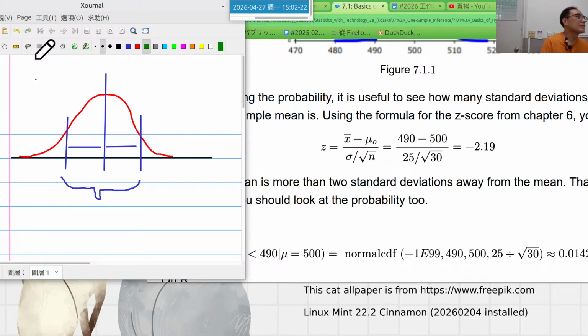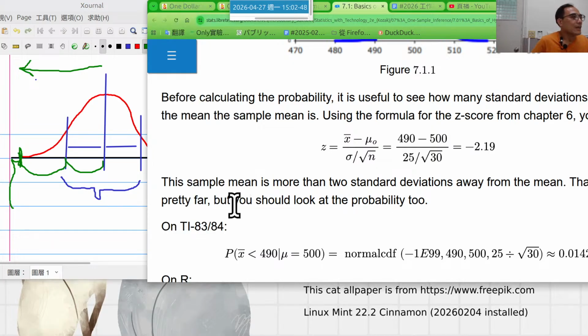Minus means on the left side. One standard deviation, 2 standard deviations, and a little bit more here, that is minus 2.19. Very, very on the left side. Probability is very, very low, okay?